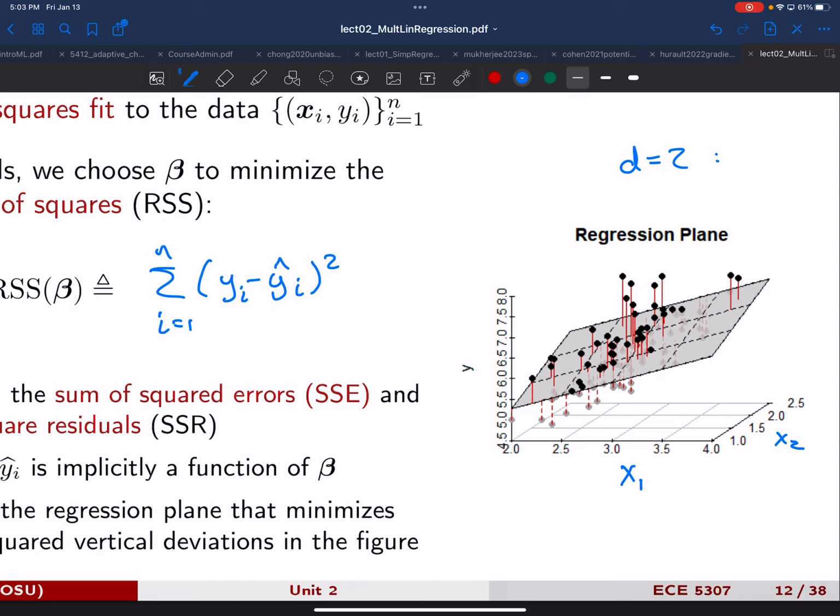And by the 1 and 2, I'm not talking about the sample index, I'm talking about the feature index. So each one of our points in this case is a combination of x1, x2, and y. And the thing we're building is a plane.